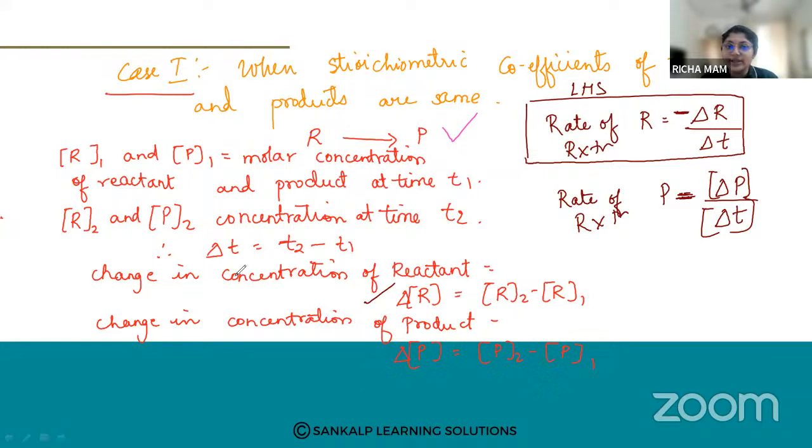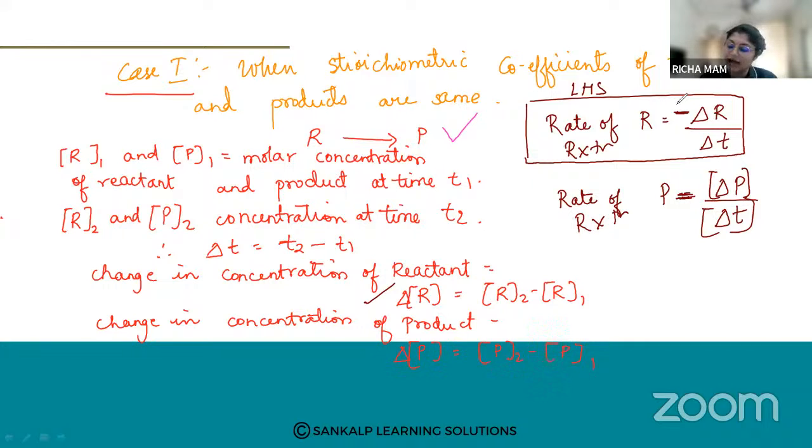Change in time is T2 minus T1, delta R is R2 minus R1, and delta P is P2 minus P1.